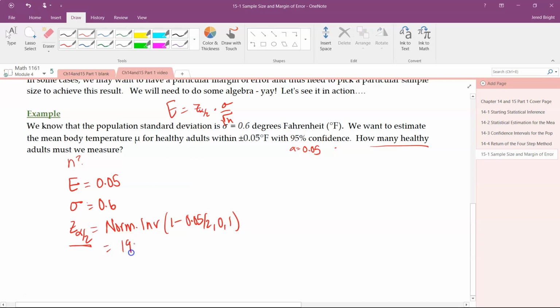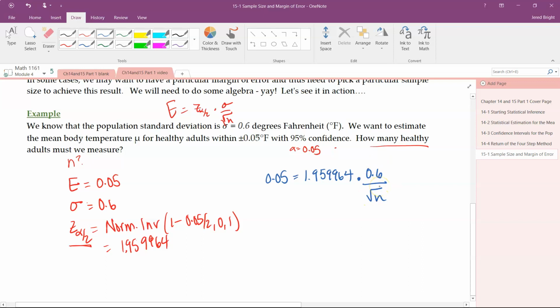And I get 1.959964. Now I know all the values, so let's substitute it in and see what we get. E, 0.05, equals 1.959964 times 0.6 divided by square root of n.